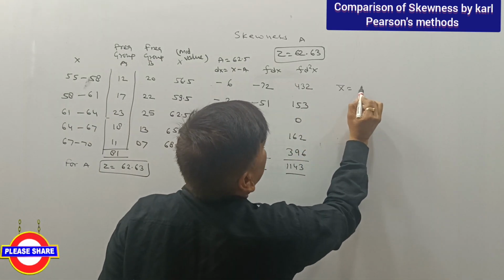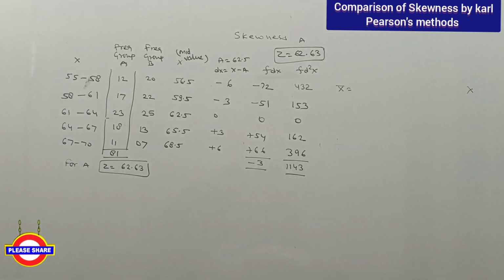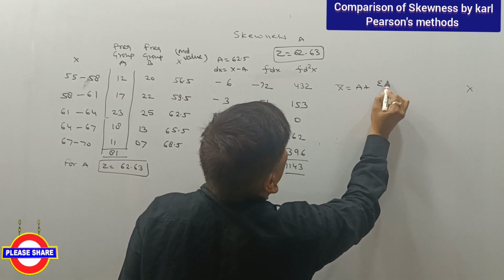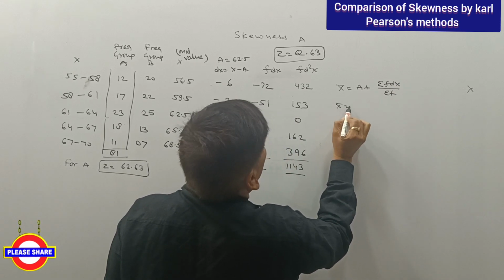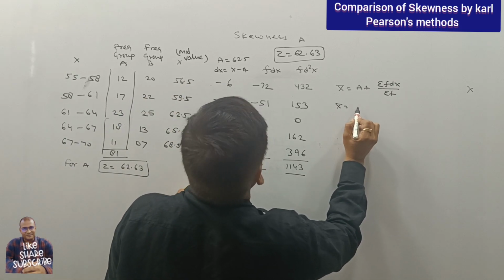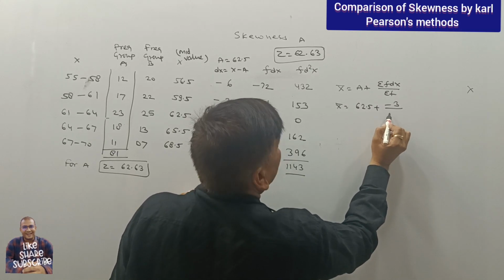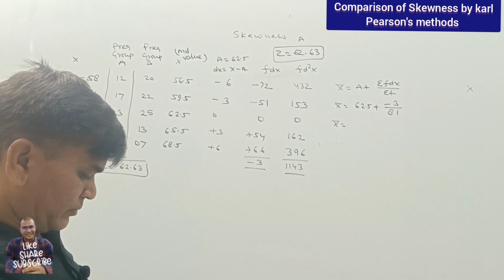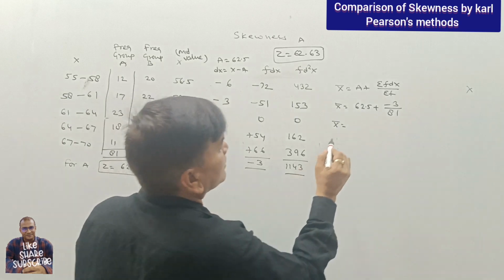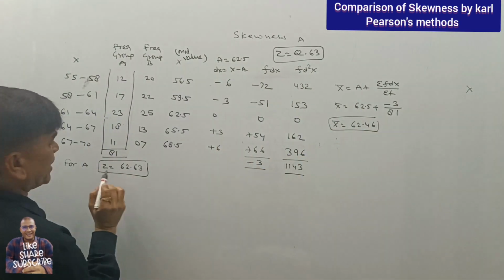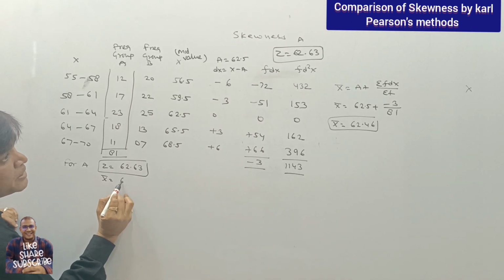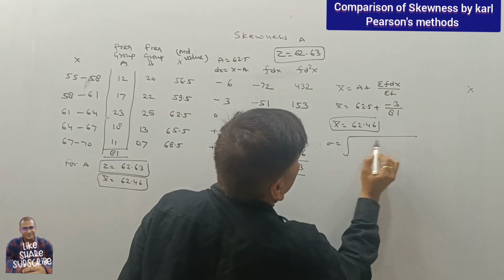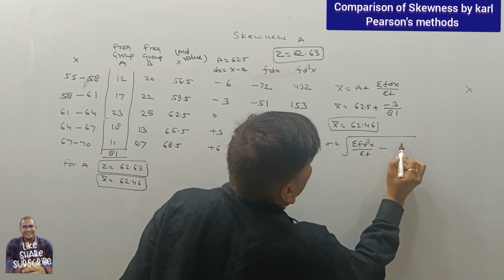So the value of x bar is the assumed mean plus sigma f dx divided by sigma f, that is 62.5 minus 3 divided by 81, so x bar is 62.46. Nearby, no problem.